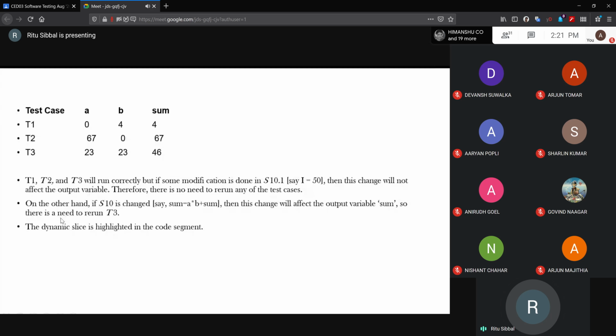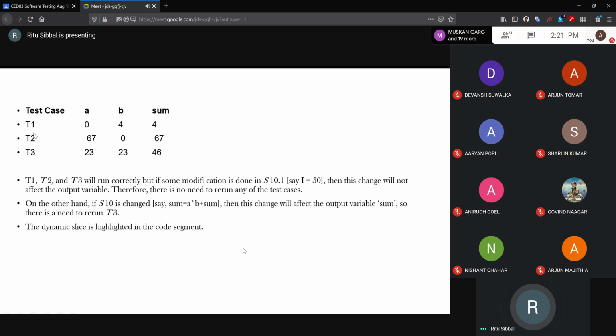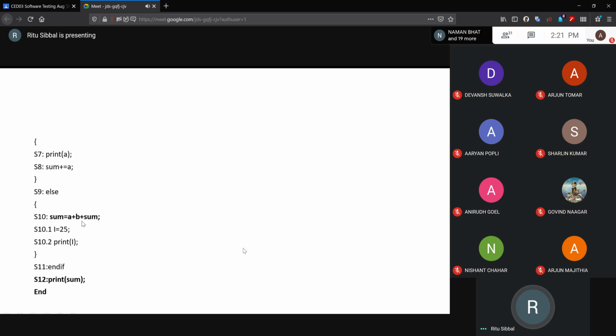So that test case which is affecting the change in the output variable, or containing the set of statements which are affecting the output variables. If you see, T1 and T2 will not be affecting the variable here. T3 affects the variable sum, and in that case only T3 has to be executed.